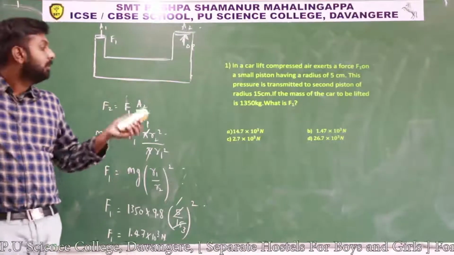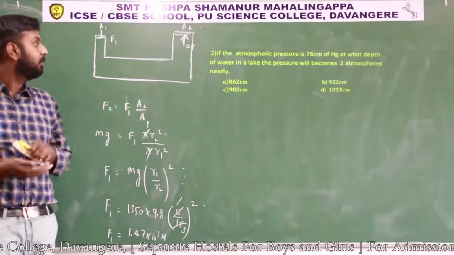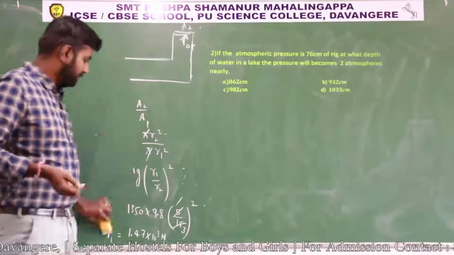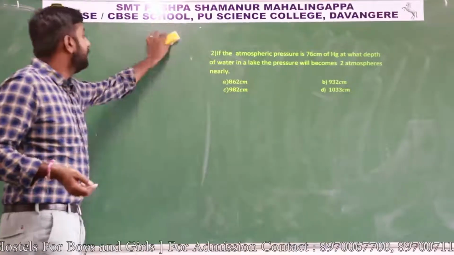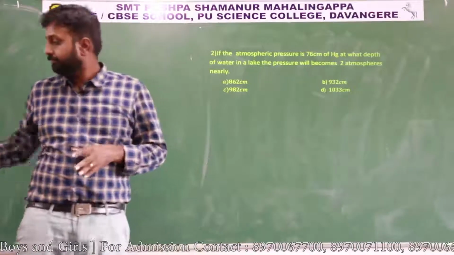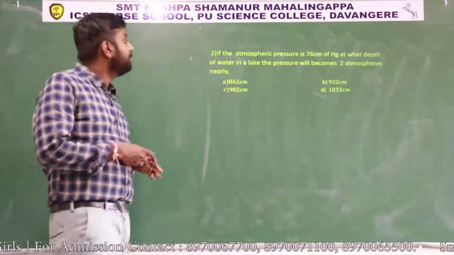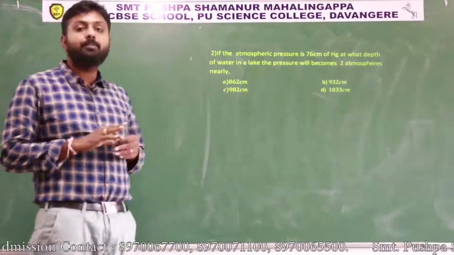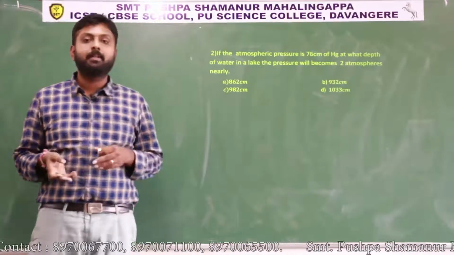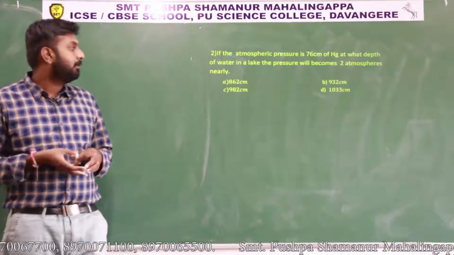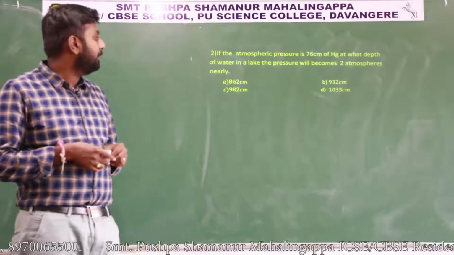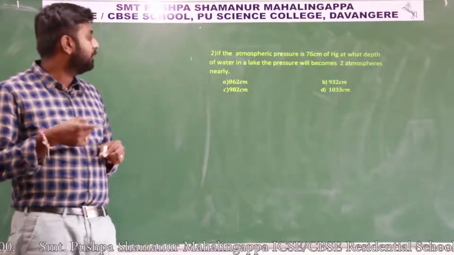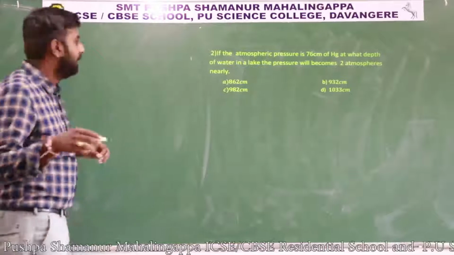And the next problem. In the next problem, the atmospheric pressure is 76 centimeter of Hg, that is mercury, as studied in a barometer. At what depth of water in the lake does the pressure become nearly 2 atmospheres?